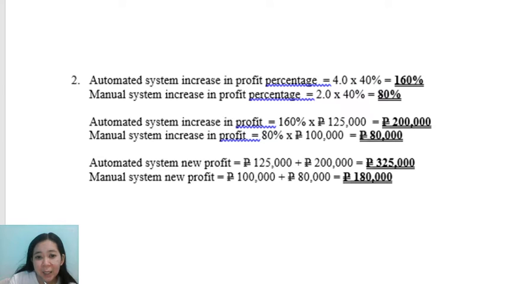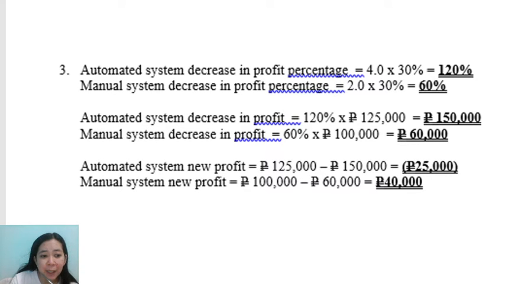So next, automated system increase in profit is 160%, so there will be an increase of 200,000. So the new profit for the automated system is 325,000, and for manual system is now 180.